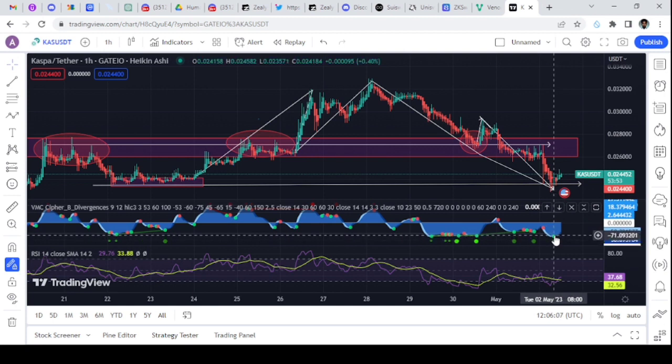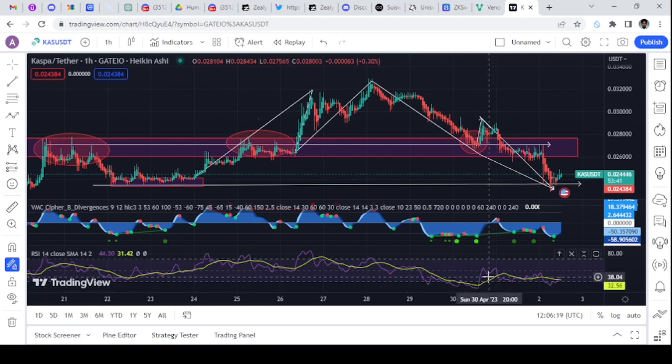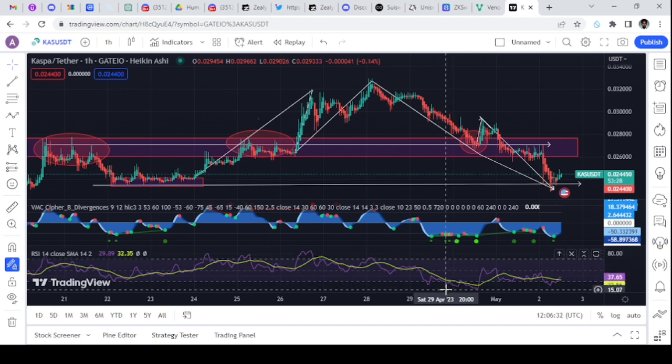And then considering the second indicator, the RSI, you'd realize that it's currently on the oversold region. Above this dotted line is the overbought region, and below the dotted line is the oversold region.